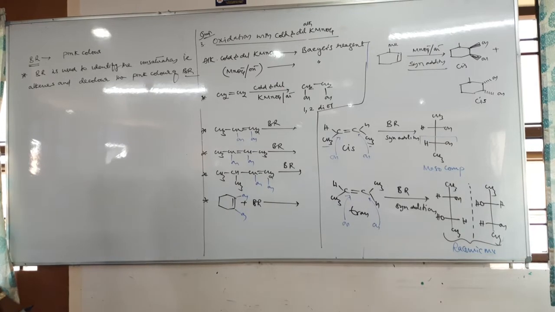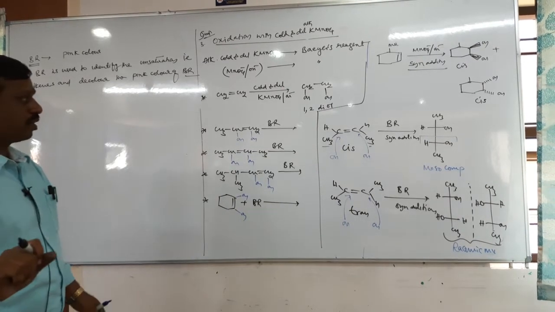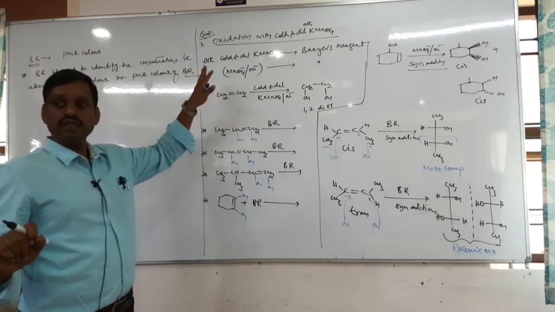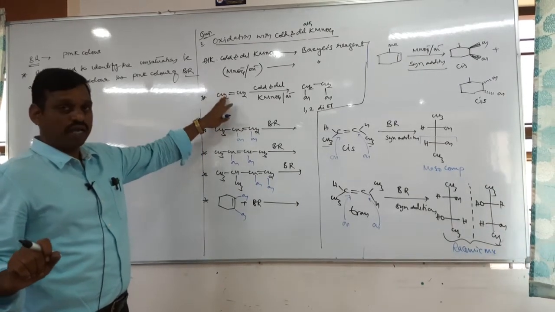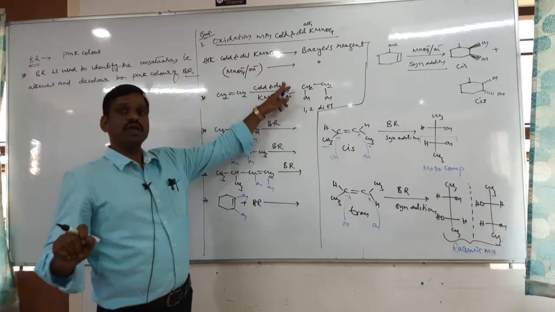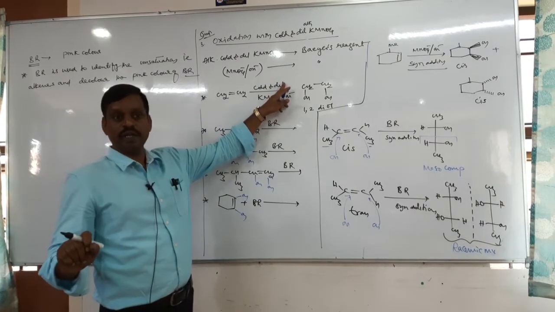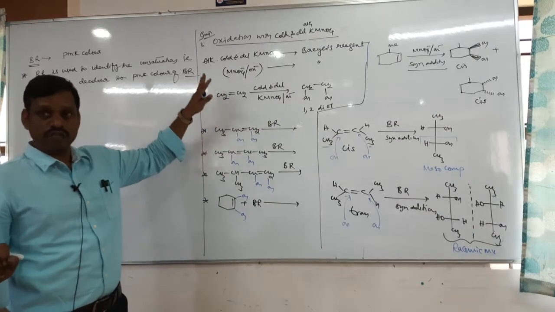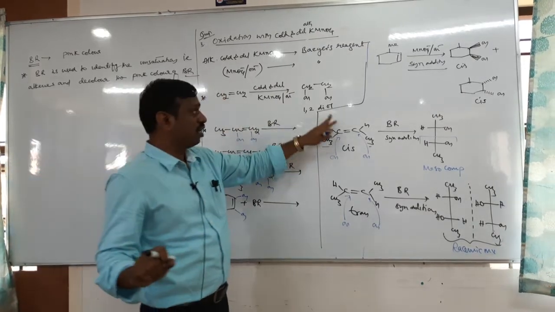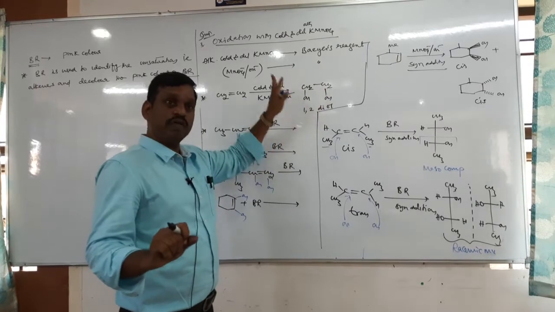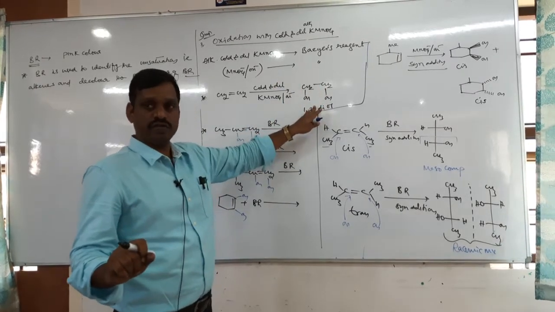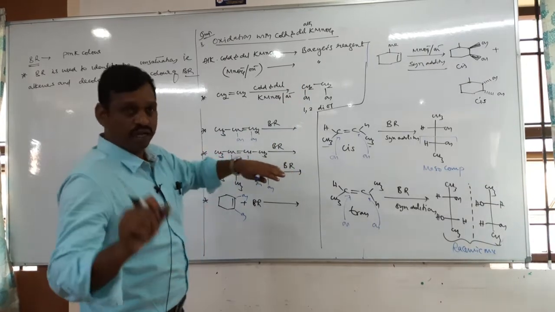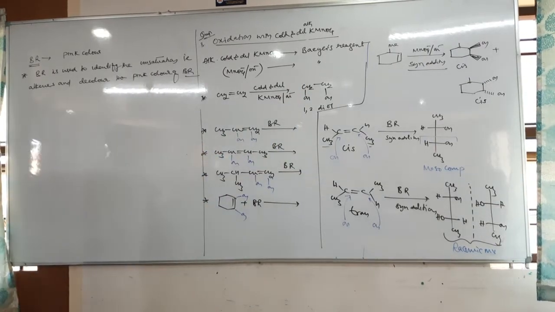Therefore, in Bayer's reagent, 3 points are important. One, Bayer's reagent is cold and dilute alkaline KMnO4 in basic medium, alkaline medium. Next, alkene reacts with Bayer's reagent to form diols, and moreover it is a syn addition. Addition of OH takes place on the same side, it is a syn addition, and it is used to identify the unsaturation.